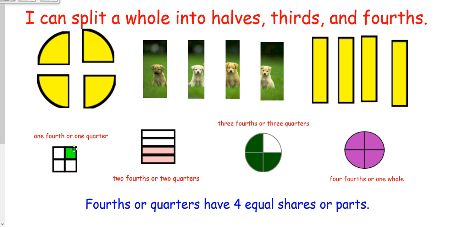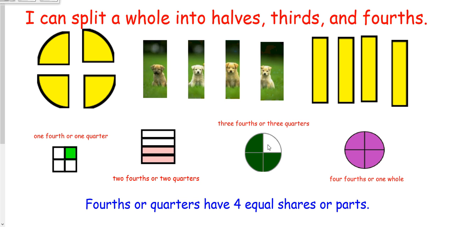If you have one of the 4 equal parts, you can say you have 1/4. If you have 2 of the 4 equal parts or equal shares, you would say you have 2/4.